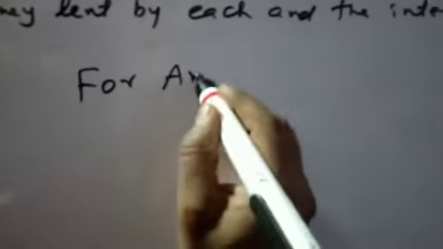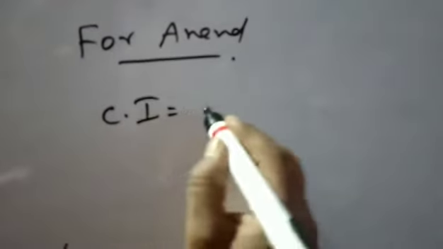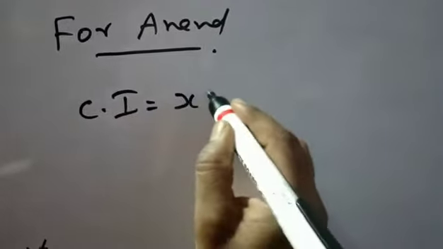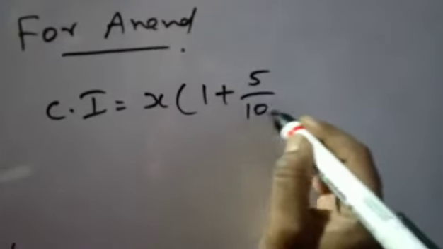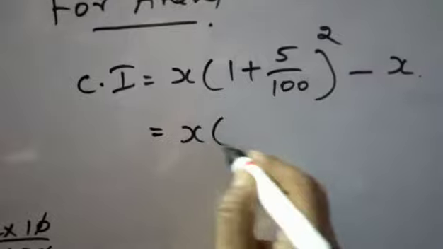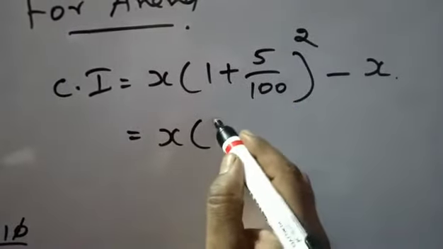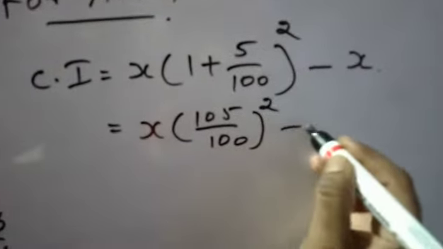For Anand, it's a compound interest. The principal, rate of interest, years all are the same. So we are going to use the formula of compound interest. It's P, that is x, into (1 plus 5 by 100) power 2 years minus principal x, equal to x into (105 by 100) power 2 minus x.